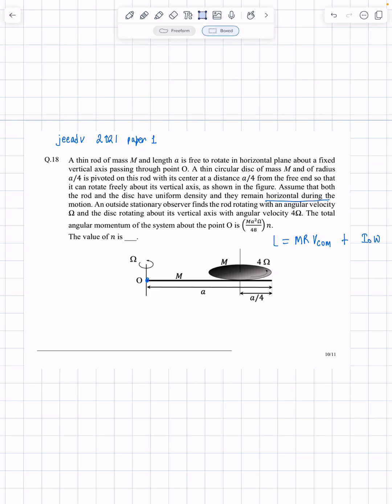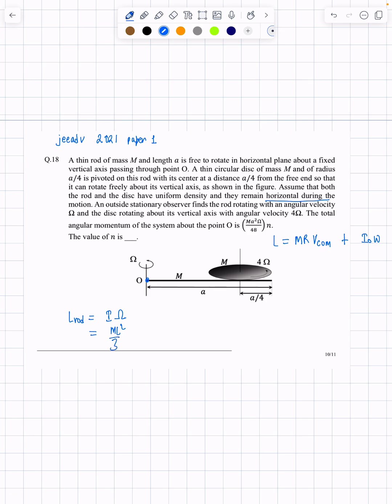So first, for the rod, it is easy. It is I omega for the rod, and I is the moment of inertia about the axis passing through one end of the rod, which is ml square over 3.